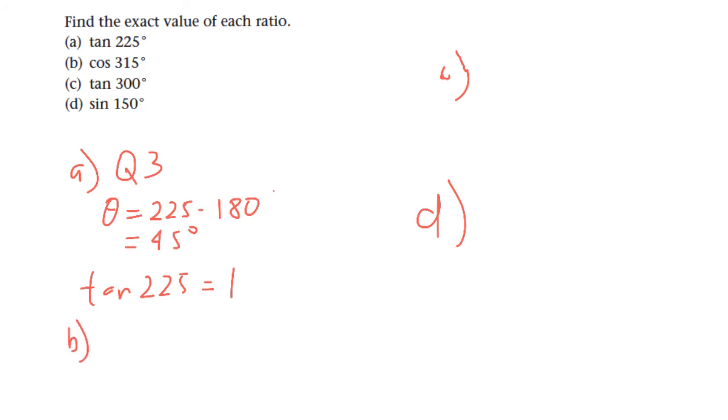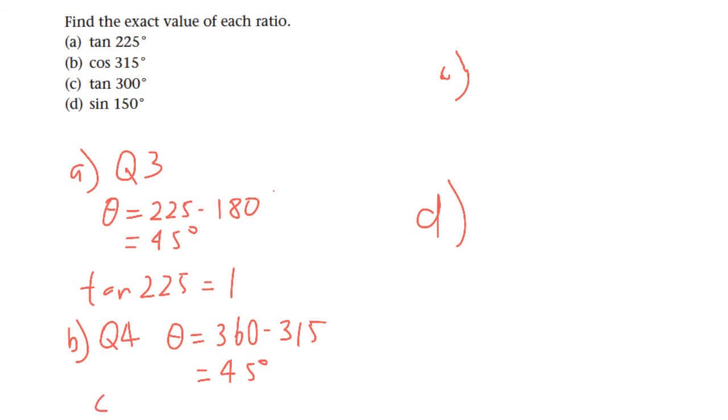Having a look again at cosine 315. Now I'm in quadrant 4. In quadrant 4, my acute angle theta is 360 minus 315. That's the one where I'm working backwards from a full 360, which gives me 45 degrees again. And so we need to find our exact value for cosine 45.